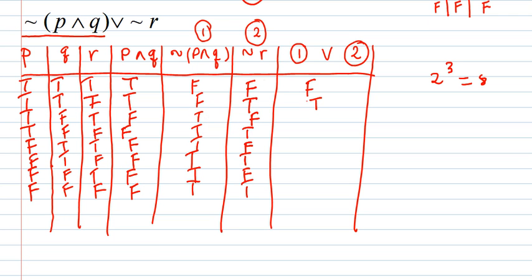False or true is true. True or true is true. True or false is true. True or true is true. True or false is true. True or true is true. So this is our answer.